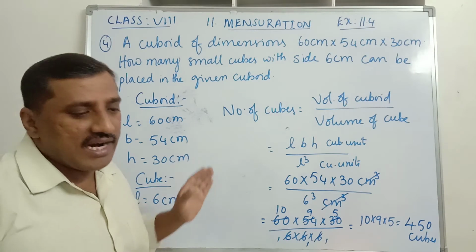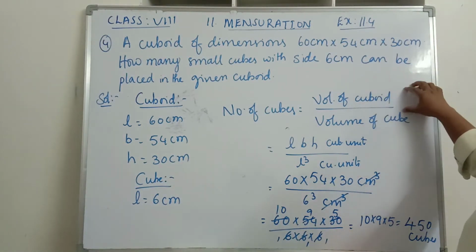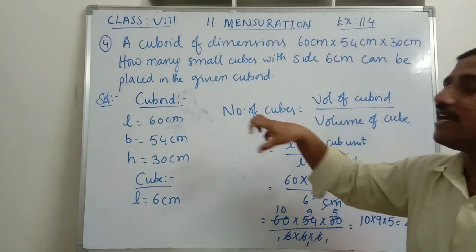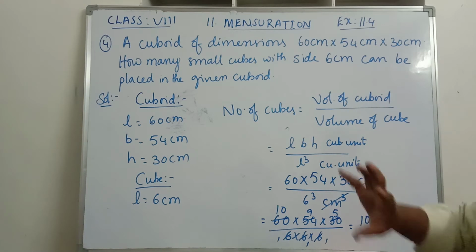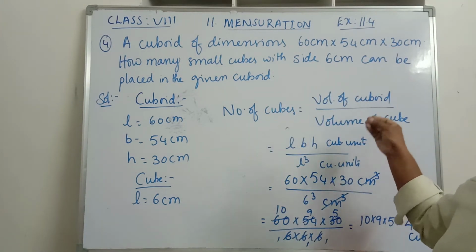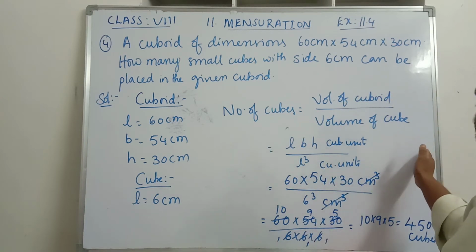So how do you find here? What is the concept? The volume of the given cuboid is equal to the volume of all the cubes which can be placed inside the cuboid. So volume of all the cubes means number of cubes into volume of each cube.